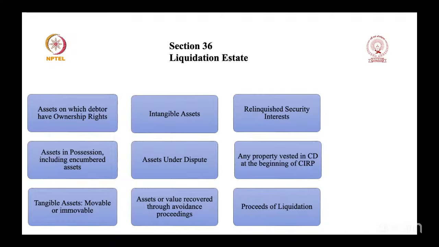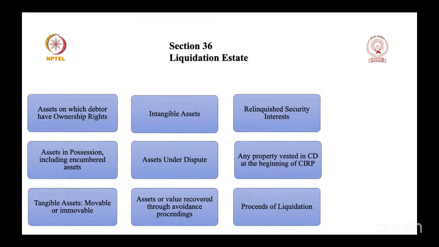Two, intangible assets. What are intangible assets? We know that intangible assets are those which do not have any physical presence, such as intellectual property rights, trademarks, patents, copyrights, design rights. You cannot really touch them and feel them.